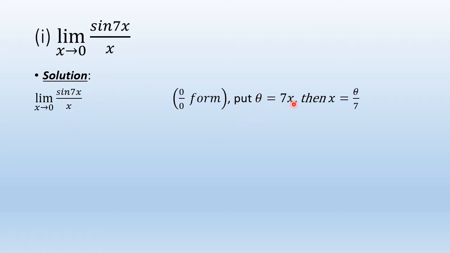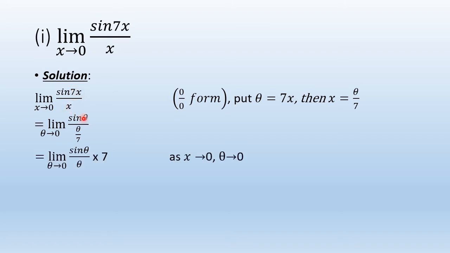Put theta equal to 7x. Then x becomes theta by 7. Now we apply limits here. In place of 7x we put theta, in place of x we put theta by 7, and we observe that as x tends to 0, theta also tends to 0.